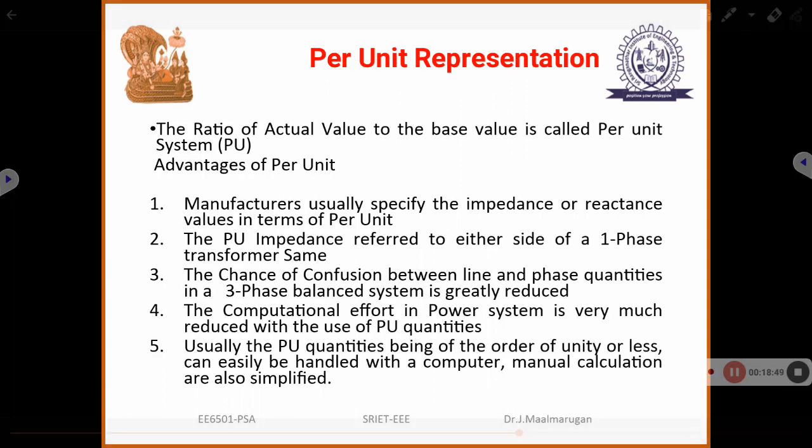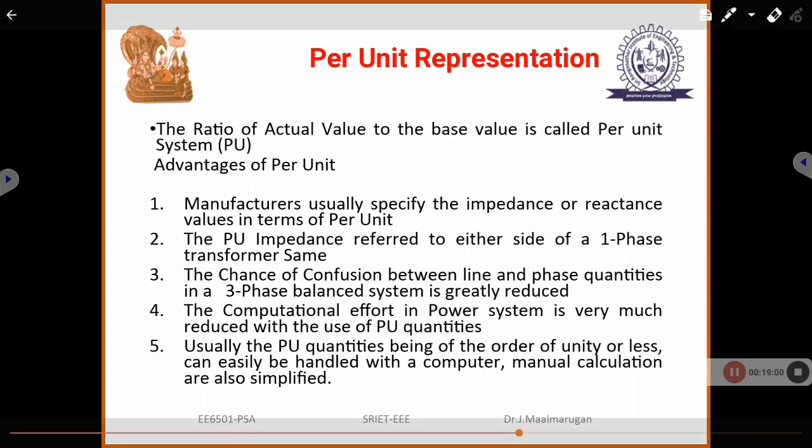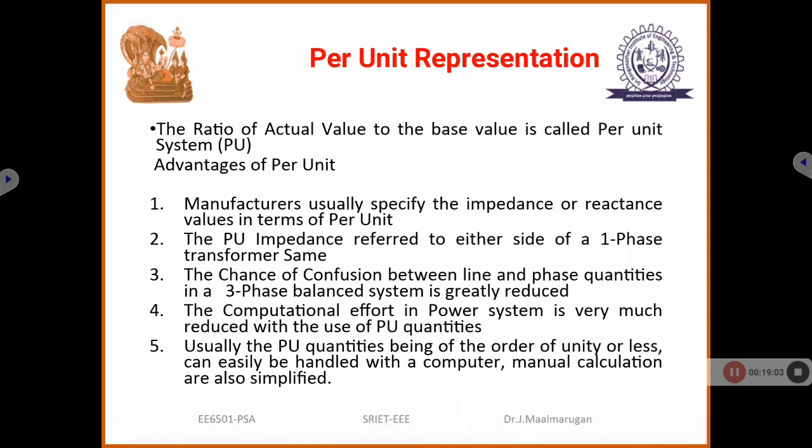Already I explained in the previous slide: the ratio of actual value to the base value is called the per unit system. What are the advantages? One more point I missed: the manufacturer usually specifies the impedance or reactance values. You can see this on the nameplate. When you go to a nearby substation, you can see the parameter values specified in per unit only, not in MVA and KVA.